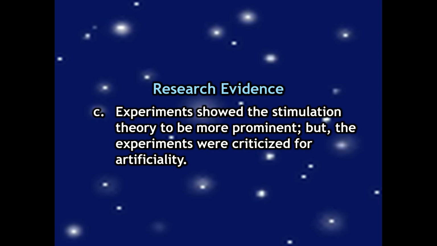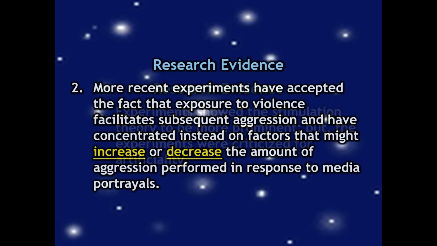So with those particular theories at that time, there's still a lot of question as to the validity of those various studies. More recent experiments have accepted the fact that exposure to violence facilitates subsequent aggression and have concentrated instead on factors that might increase or decrease the amount of aggression performed in response to media portrayals.